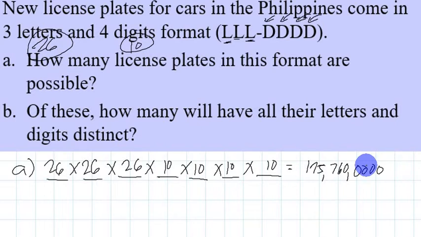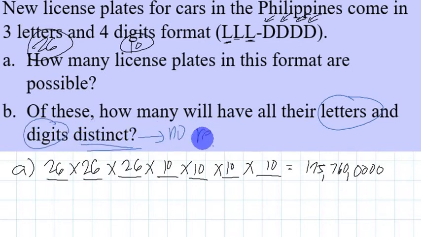And then we are now asked, out of these, how many will have letters and digits distinct. Now, take note that if we would have letters and digits distinct, this means there are no repeating letters or numbers.